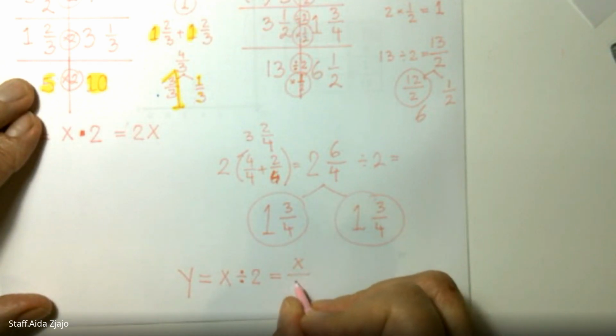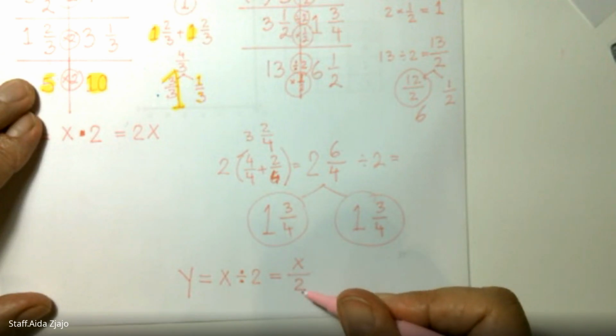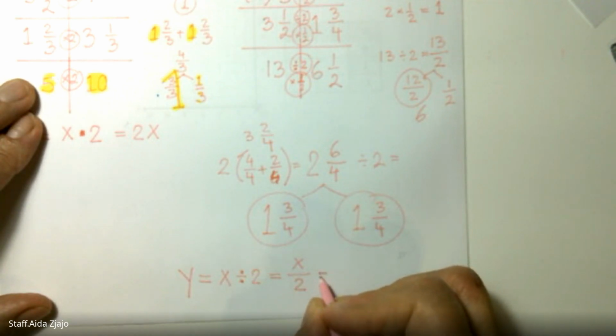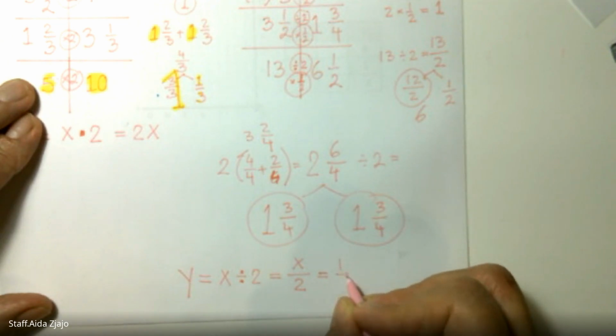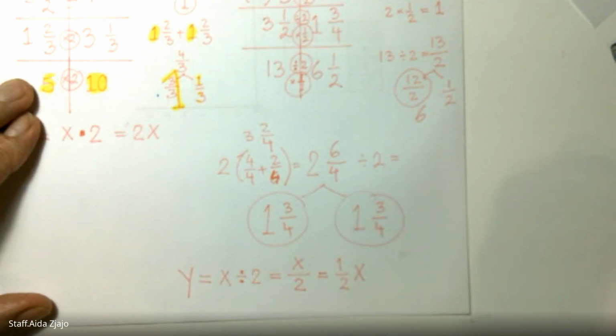X divided into 2. Then also what x halves means, we can think that this is actually 1/2 x. So the equation changes from x divided into 2 to x over 2 by using a fraction line, which is a division line.